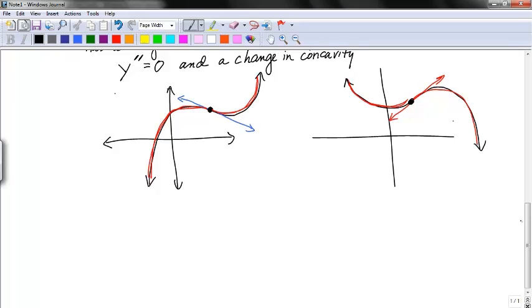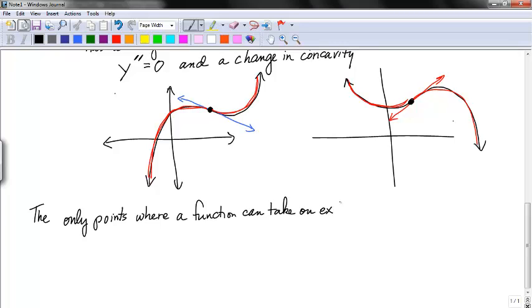Then the author also talks about the only points where a function can take on extreme values.